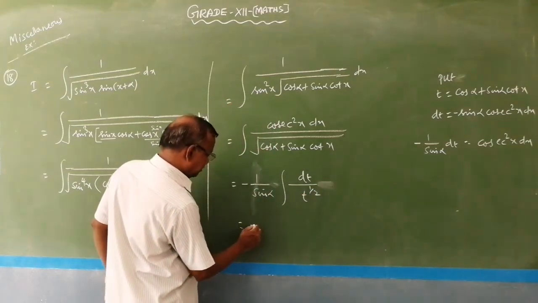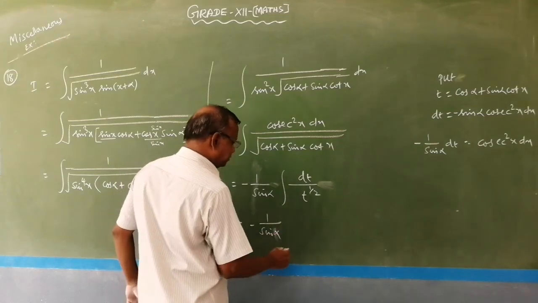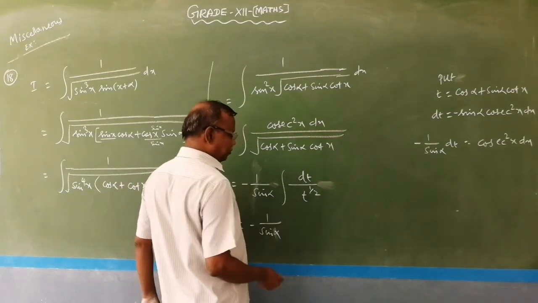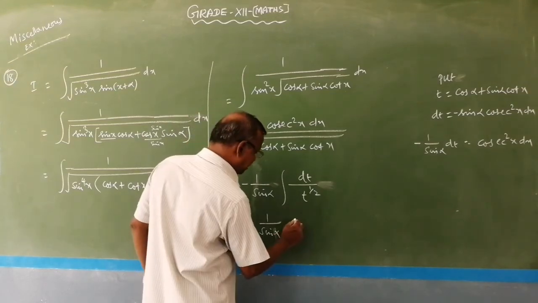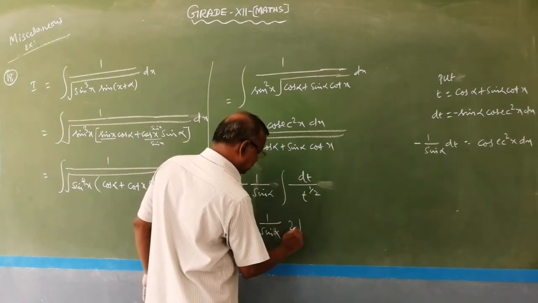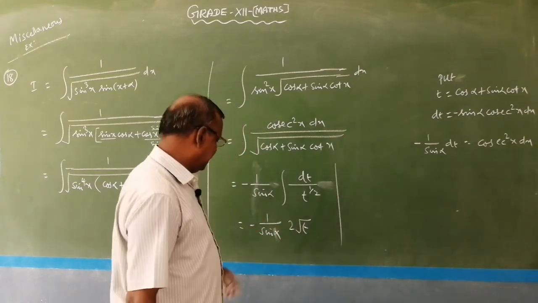So this is equal to minus 1 by sin alpha into t power minus 1 by 2. Integrating t power minus 1 by 2, it is nothing but t power 1 by 2 by 1 by 2, that is 2 into root of t. So when you simplify you will be getting like this.